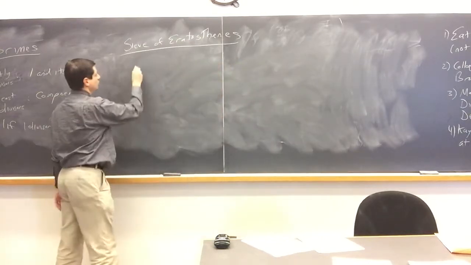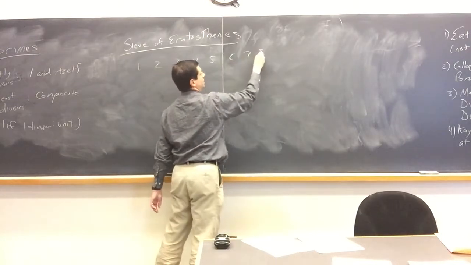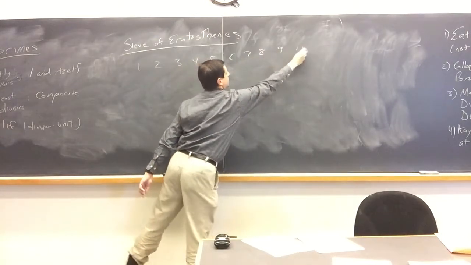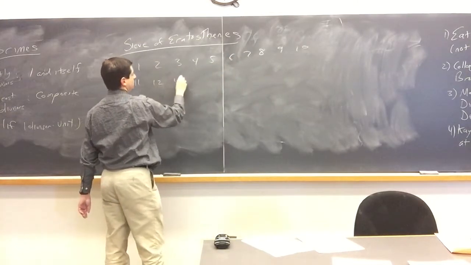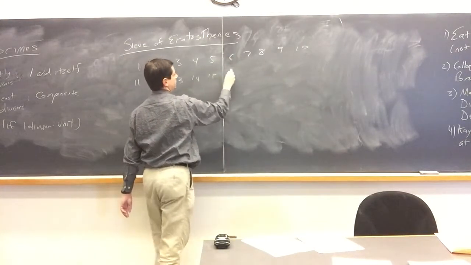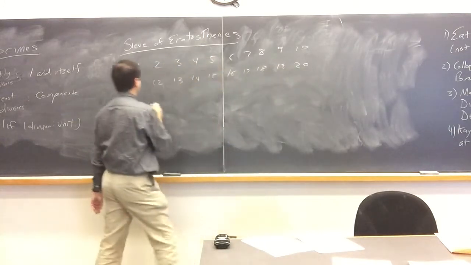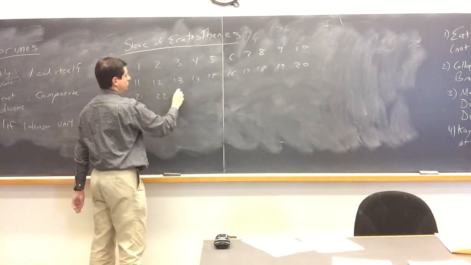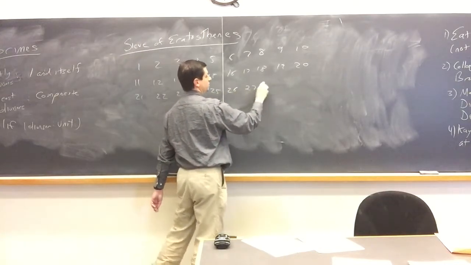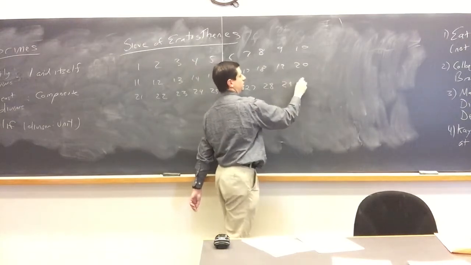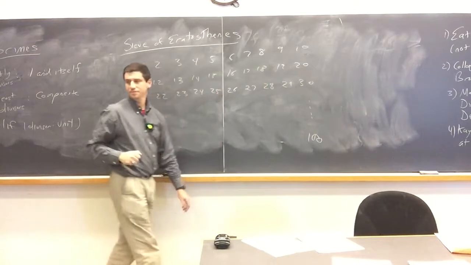And so the way it works is the following: 1, 2, 3, 4, 5, 6, 7, 8, 9, 10, 11, 12, 13, 14, 15, 16, 17, 18, 19, 20. I'll do one more row: 21, 22, 23, 24, 25, 26, 27, 28, 29, 30, all the way to 100.